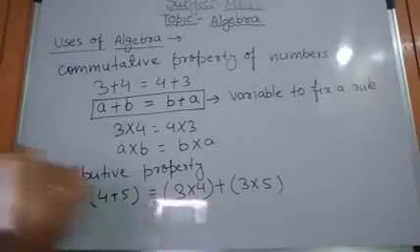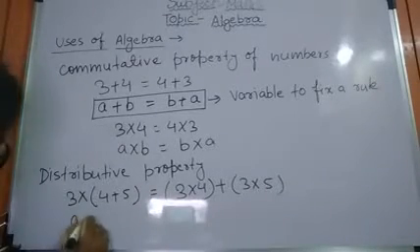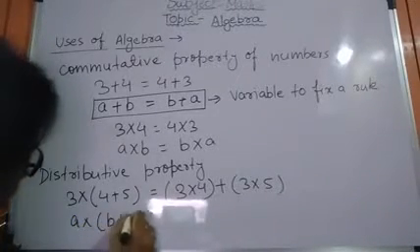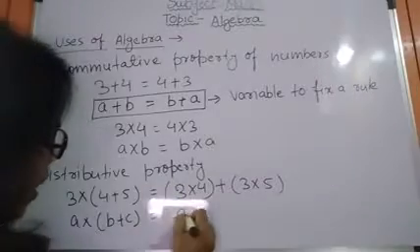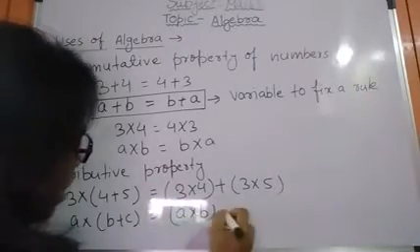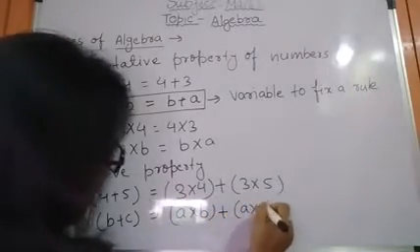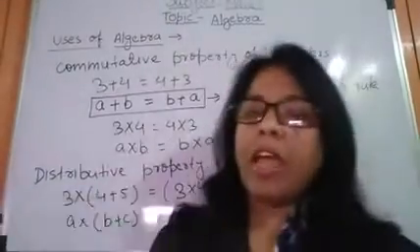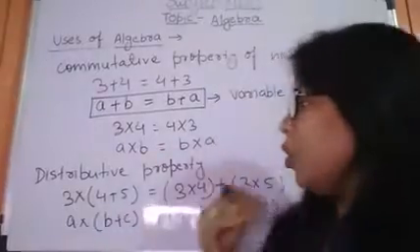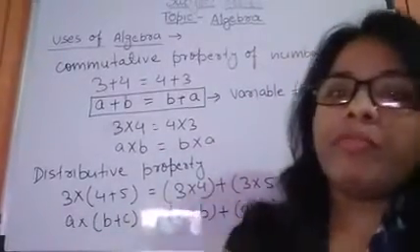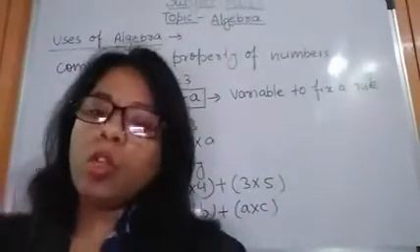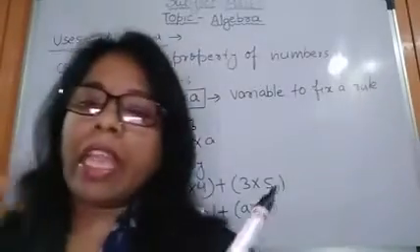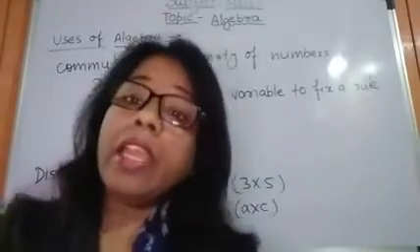We can generalize the rule. We can write A multiplied by (B plus C) is equal to A multiplied by B plus A multiplied by C. This is the use of algebra. This is the use of variable to fix a rule, to make a rule so that calculation can be easy.